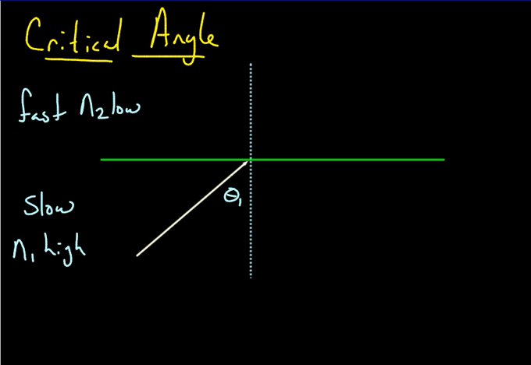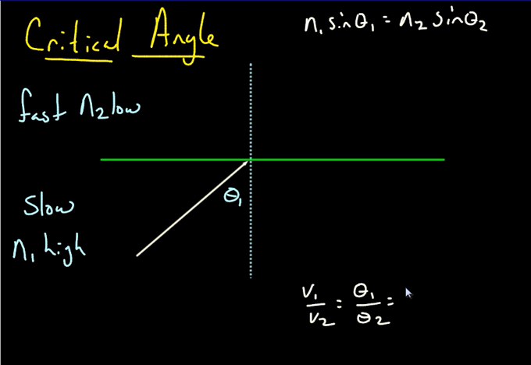We have Snell's law in place. We also know this, right? V1 over V2 is the same ratio as theta 1 over theta 2, wavelength 1 over wavelength 2, and then N2 over N1.